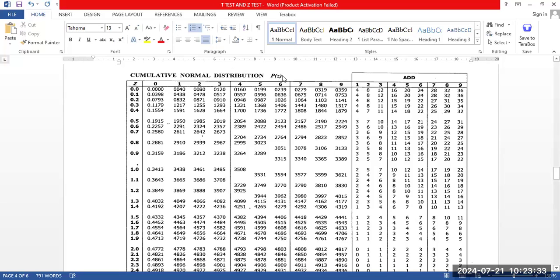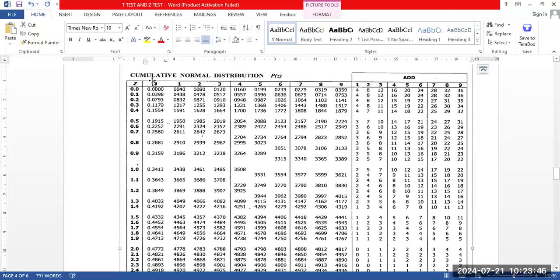That's why you have P(Z). Then Z is here, the Z value. And when we are reading Z values, we start from here, then after we use the column here. So the question is, which probability do we have? We have 0 point what?